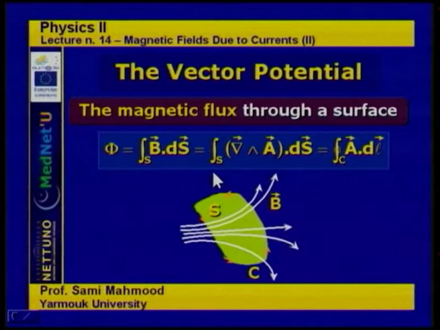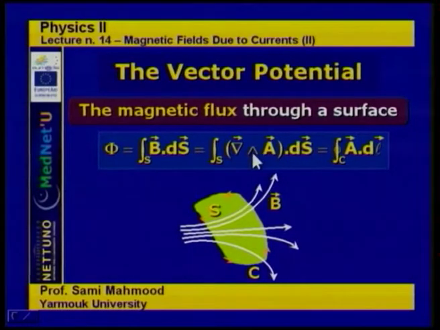And now we use Stokes' theorem to convert the integral over a surface area into a contour integral. First of all, we substitute for B, the magnetic induction, in terms of the vector potential. B is curl A. So this integral over the surface area is simply the integral of curl A dot ds.